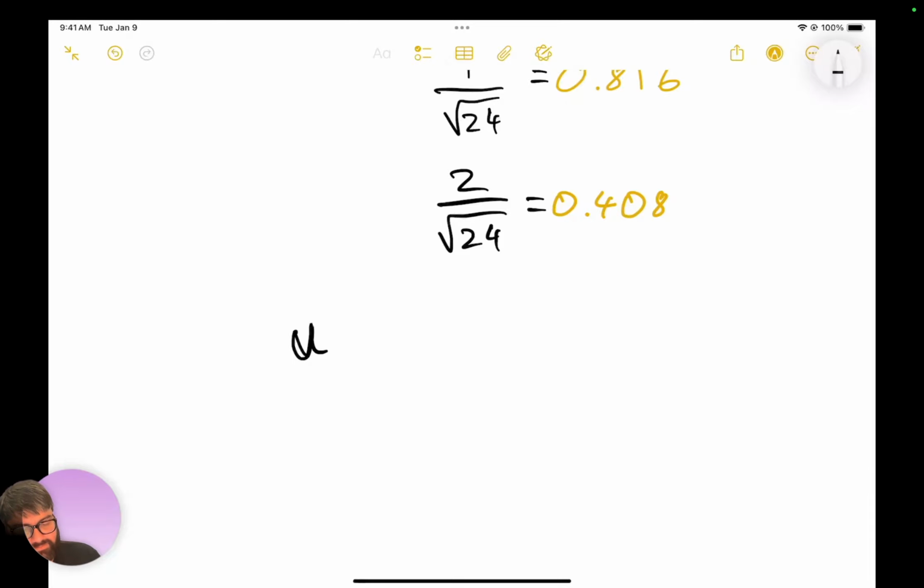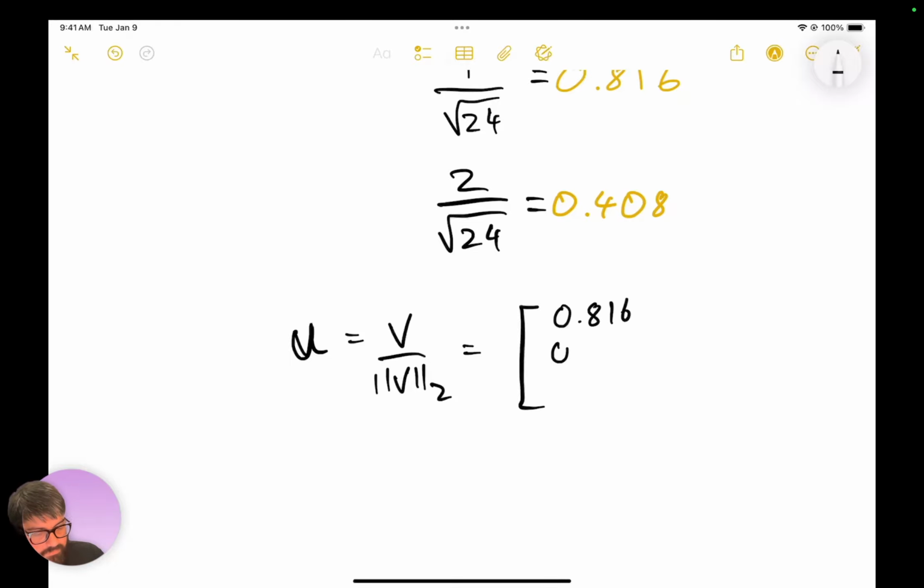It's the same stuff. U equals V over the norm of V, aka U is just the normalized version of V, which is 0.816, 0.408, and 0.408 again.